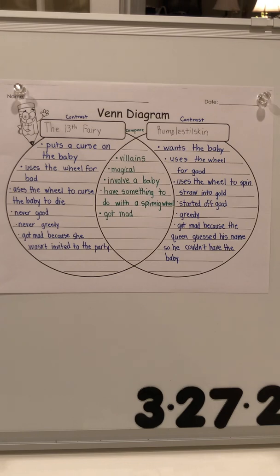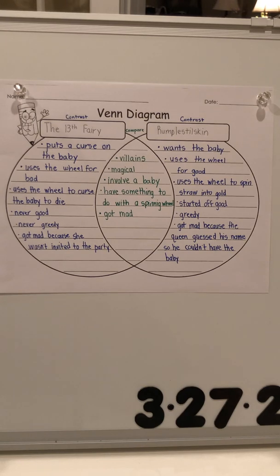And in both stories, both of the villains got mad. The 13th Fairy got mad because she wasn't invited to the party. And Rumpelstiltskin got mad because the queen guessed his name, so he couldn't have the baby.